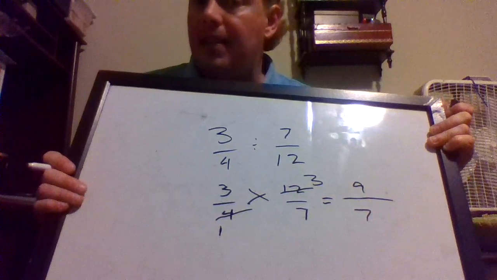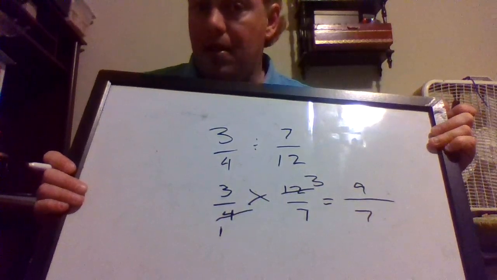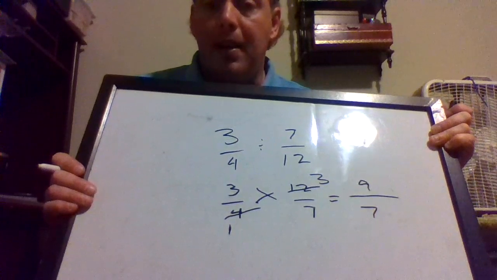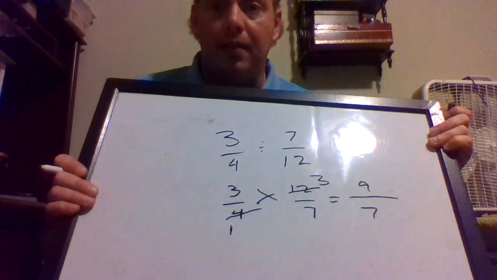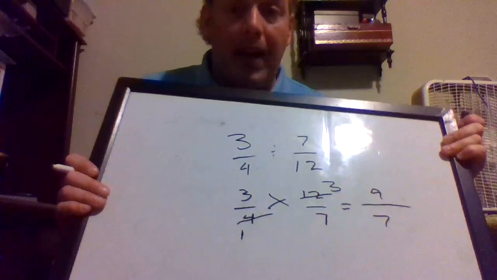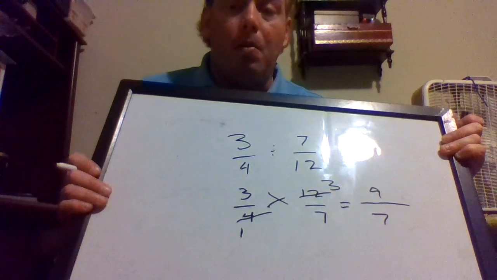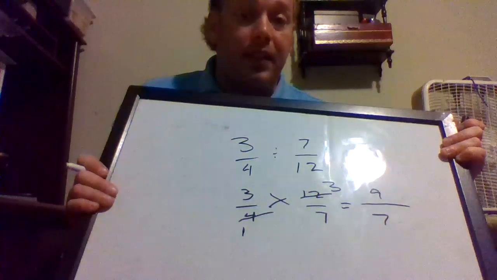But that's not entirely correct. So in order to make it entirely correct, and in order to go for that complete grade, we're going to make this improper fraction into a mixed number.